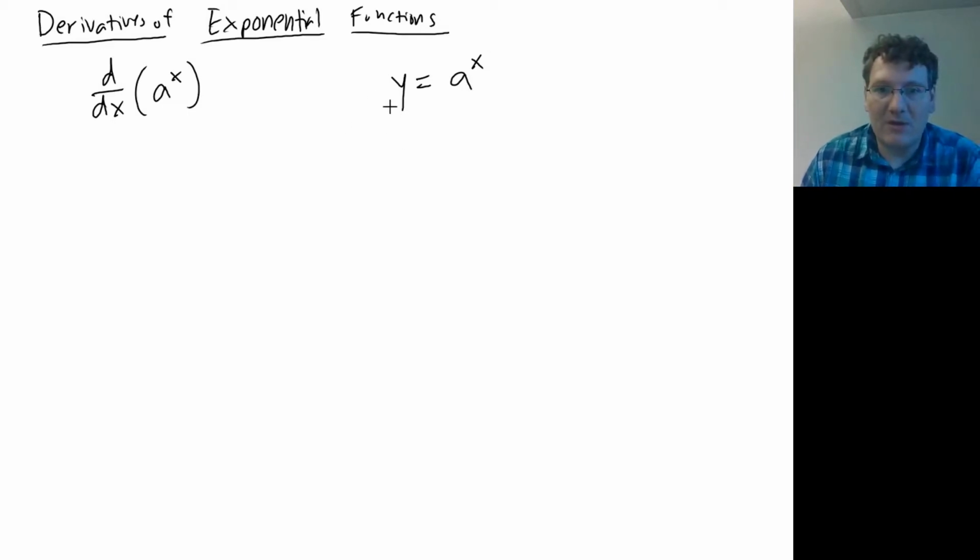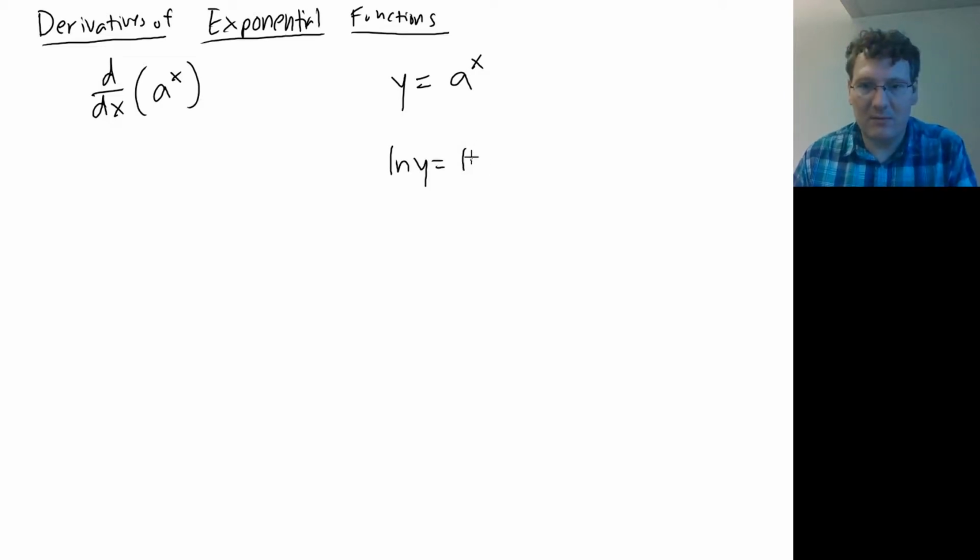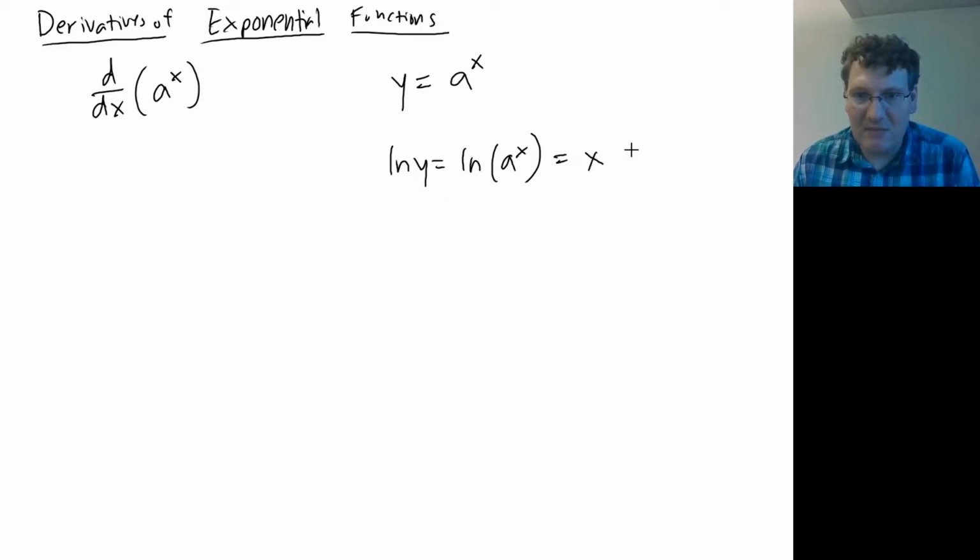I'm going to take the natural log of y and set that equal to the natural log of a to the x. The right-hand side I'm going to simplify to x times the natural log of a, where the natural log of a is just a constant.